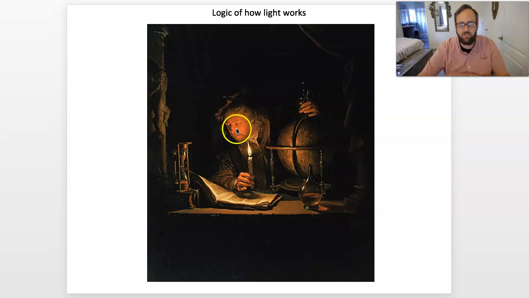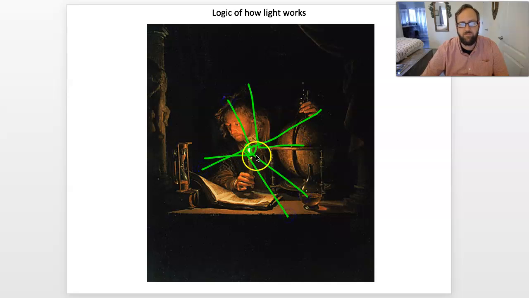Well, let's draw on the screen here for a second. Here's the light source in this painting, and it's pretty accurate. It goes out every direction, right, from it. You see that? And when it hits something that's shiny or refracts the light, like glass or crystal, it bounces around and moves around the environment.